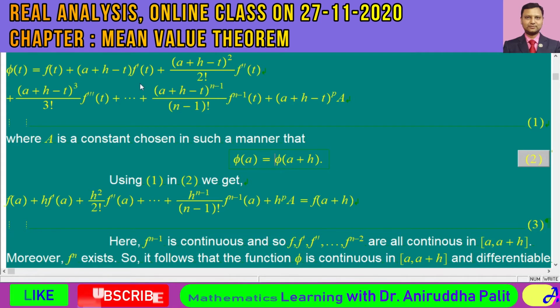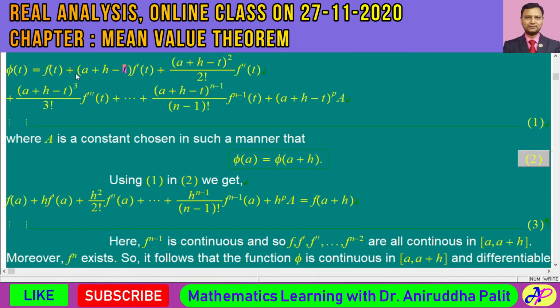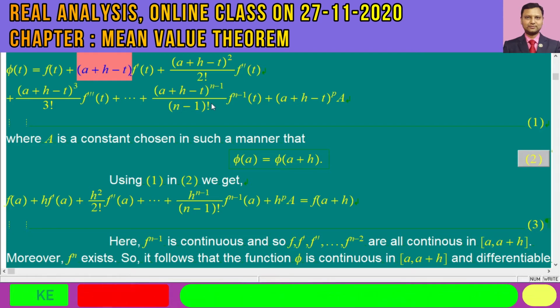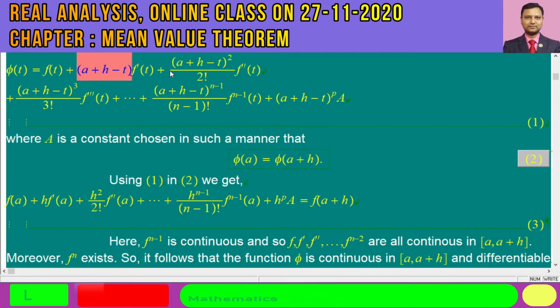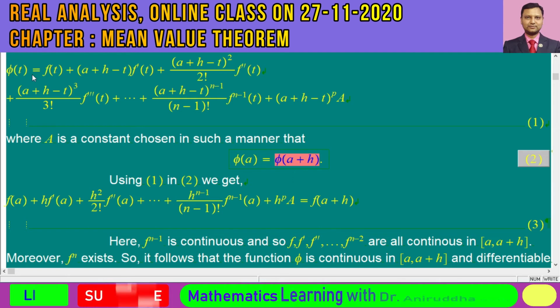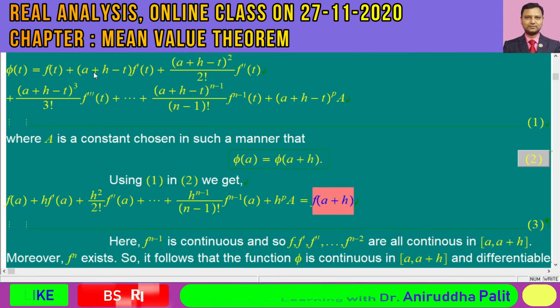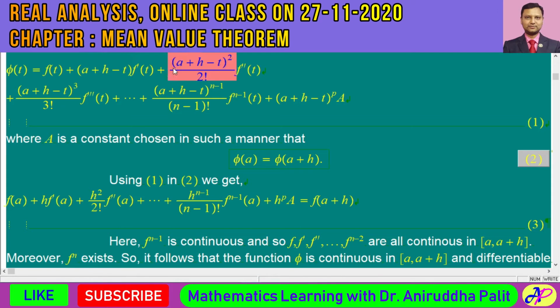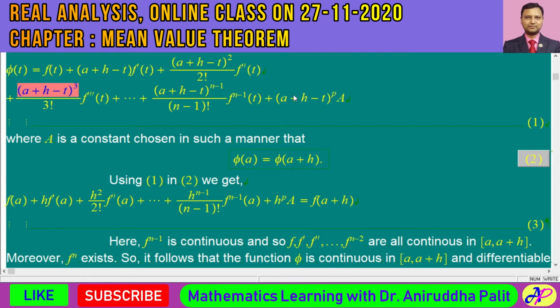And if you put t equal to a plus h in this expression, the value of this factor would be equal to 0 at the point t equal to a plus h. Therefore, if you put t equal to a plus h and compute phi of a plus h, we will have f of a plus h, but all the subsequent terms become equal to 0 due to the presence of this factor.